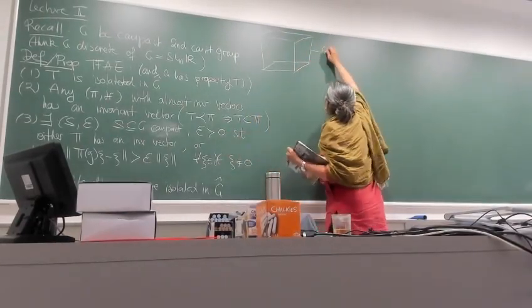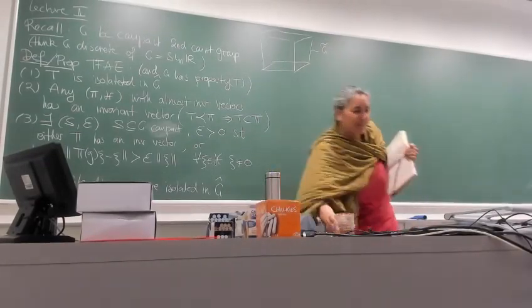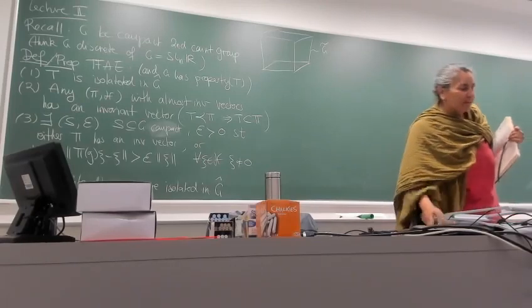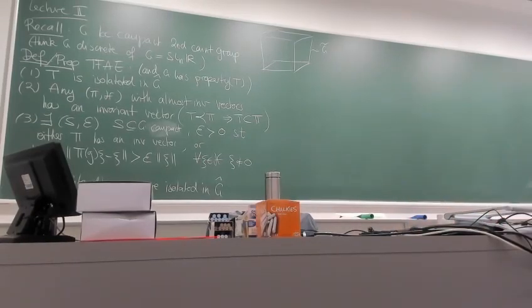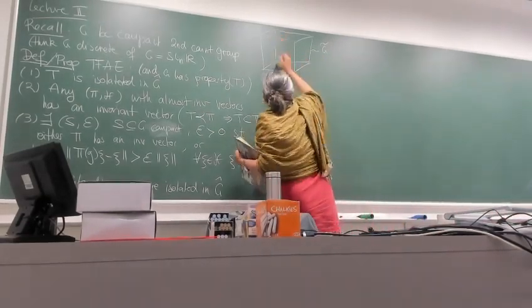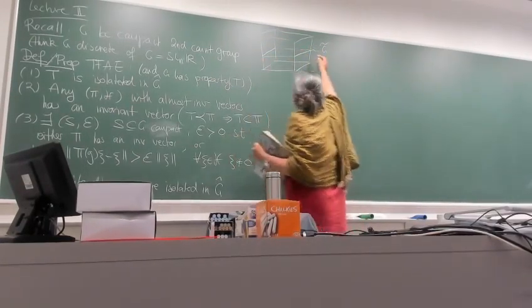So this is G twiddle. And I'm just defining, I'm writing it as a cube because I like cubes. It's not a cube, right? But anyway, here's G twiddle, and then there's this.